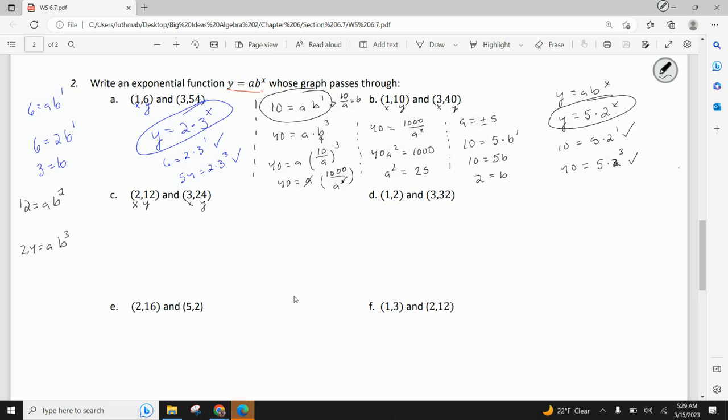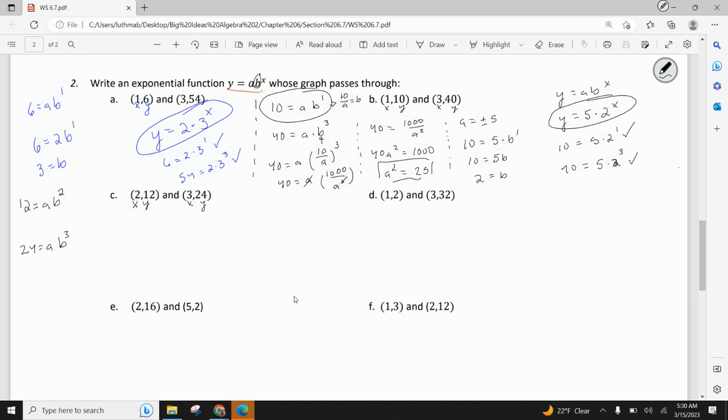So this time what I'm going to do is instead of solving for a first like I did up here, I'm going to try to solve for b first, because for it to be an exponential equation, I know that b needs to be positive. So if I come into the plus or minus section, I can choose just the positive answer. I know b needs to be positive because for it to be a base of an exponential, it needs to be positive. If we're negative, it's no longer an exponential function.